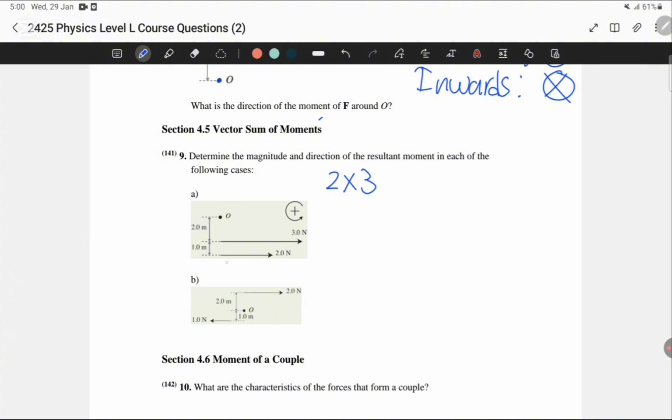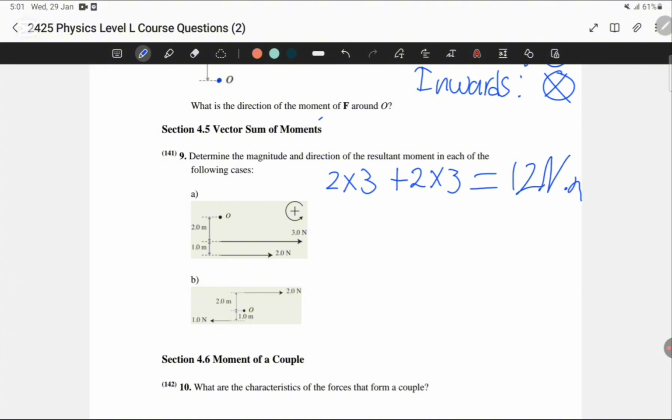The second one is counterclockwise as well, so it's going to be plus 2 times 3, because the distance from here to O is 3 meters. Which is going to give you 12 newton meters.